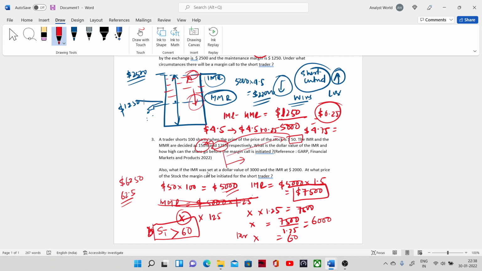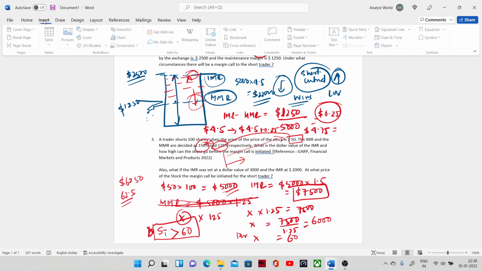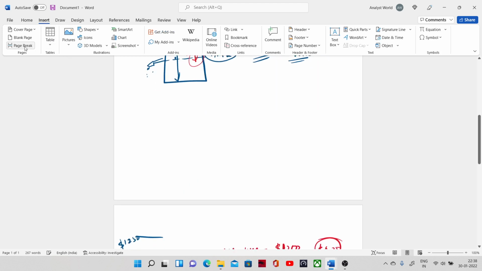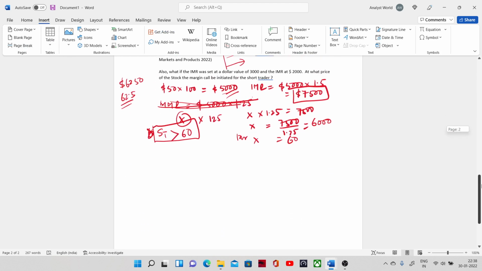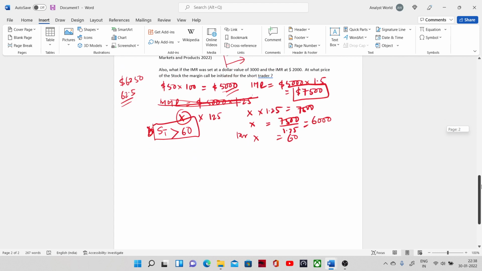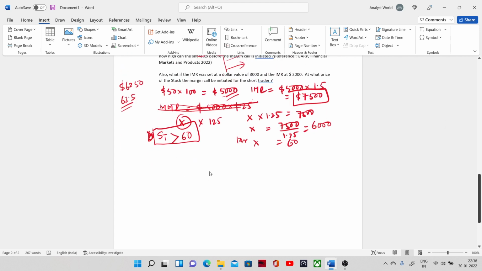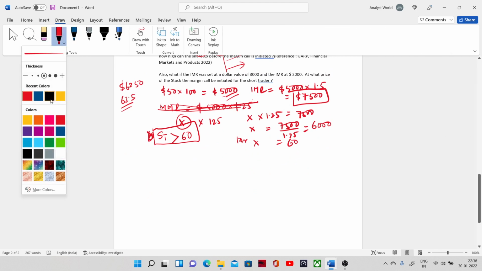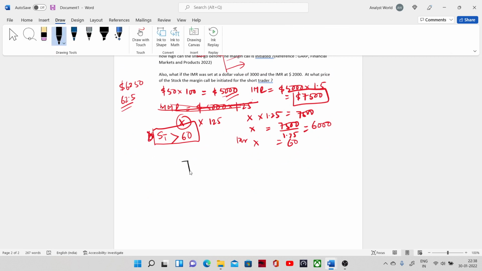Also, what if the IMR was set at a dollar value of 3,000 and the MMR at 2,000? See what I'm trying to say? At what price of the stock will the margin call be initiated? Let's do it in this fashion as well, in order for us to understand it better. So I'm again going to draw the water bucket or the water column.